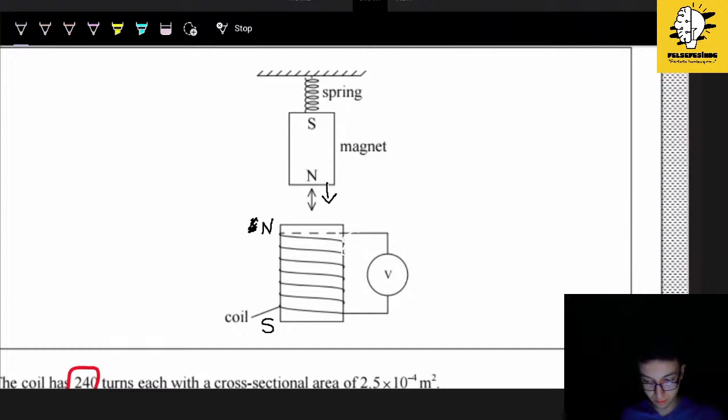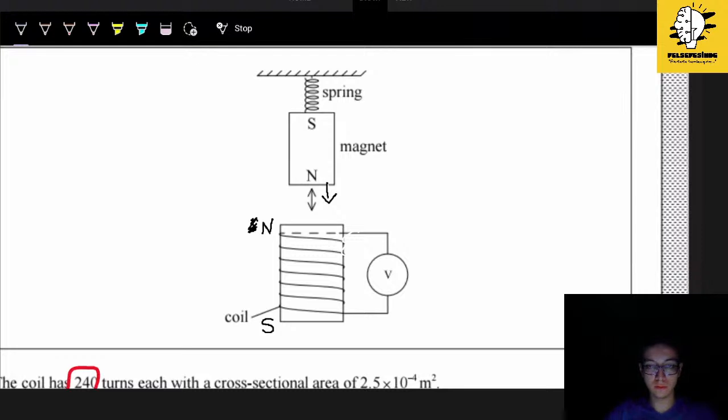And our conventional current will be, if we use our right-hand rule, let's use it. I cannot show my hand to you, but let's imagine your right hand and put your thumb at the point where it is pointing upward.